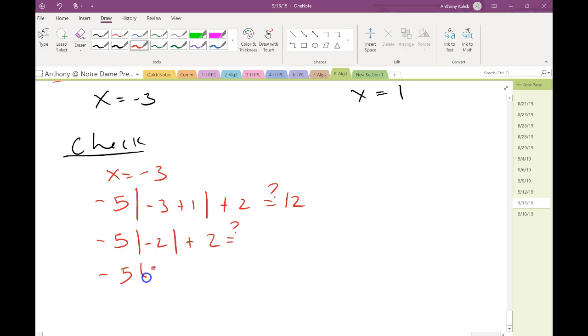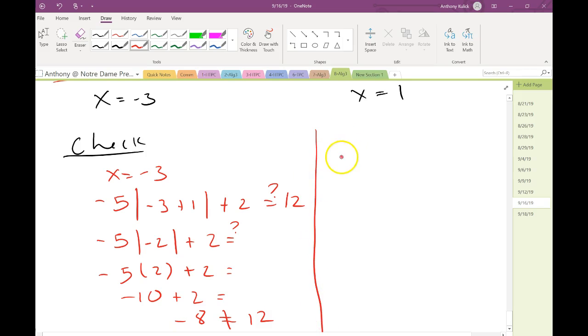The absolute value of negative 2 is positive 2. Negative 5 times 2 is negative 10. And negative 10 plus 2 is negative 8. And that's not equal to 12. So that tells me that x equals negative 3 is not one of my answers.